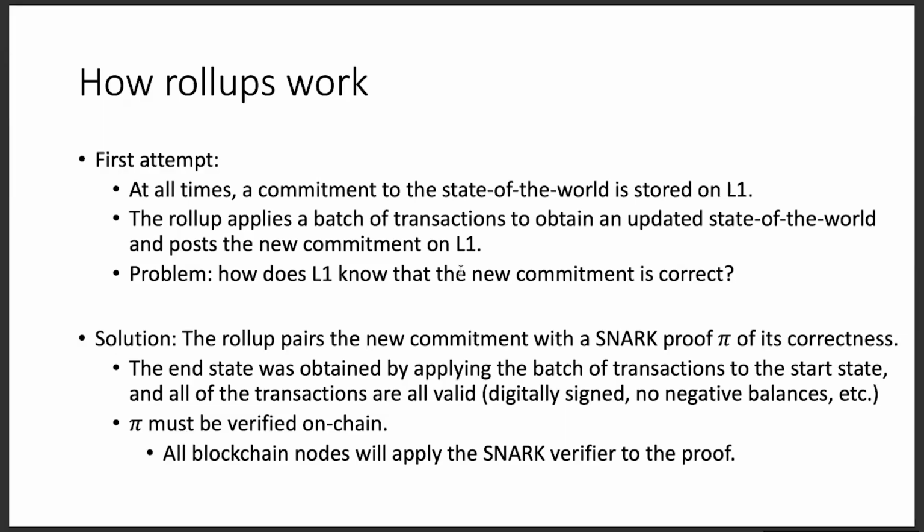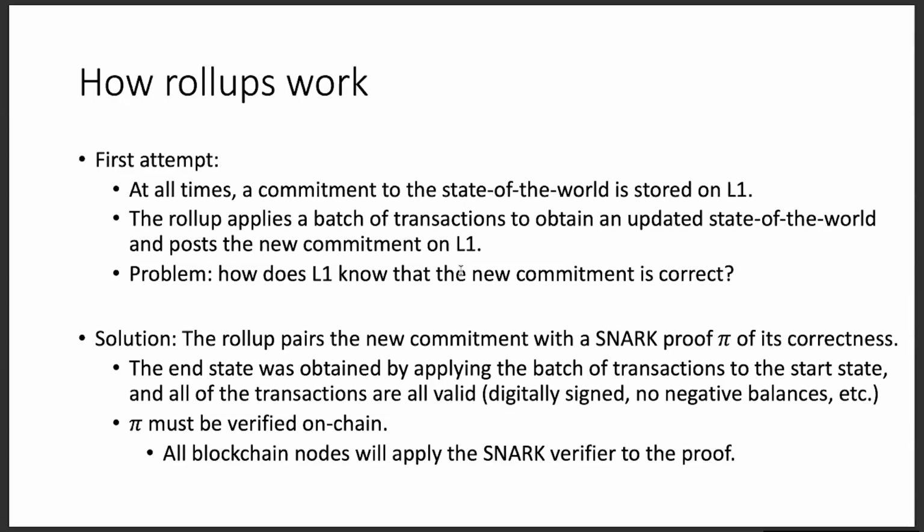And the idea of the rollup is that it's going to process a big batch of transactions and figure out what is the new state of the world, by applying that batch of transactions to the current state of the world. Right? And then compute a commitment to that new state and post that new commitment on the L1, on the blockchain.